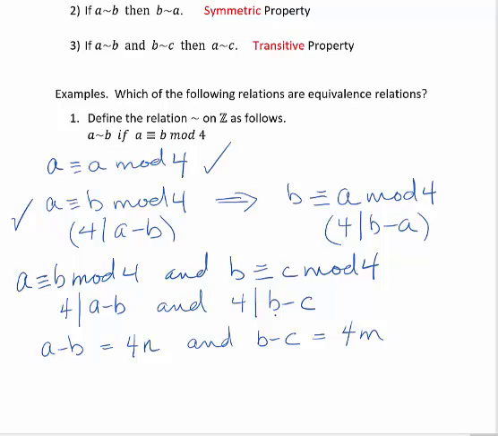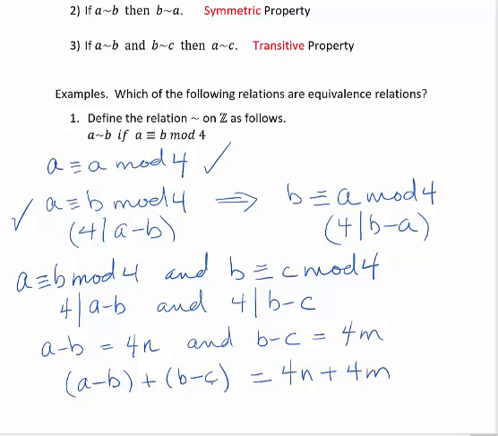We're hoping to see if A is related to C, so let's add these together. A minus B plus B minus C is equal to 4n plus 4m.